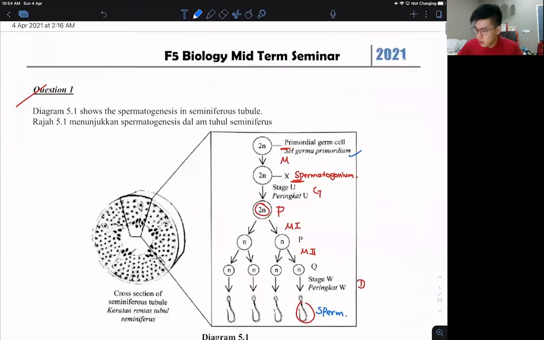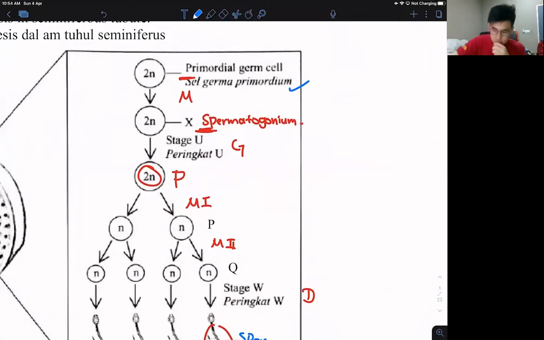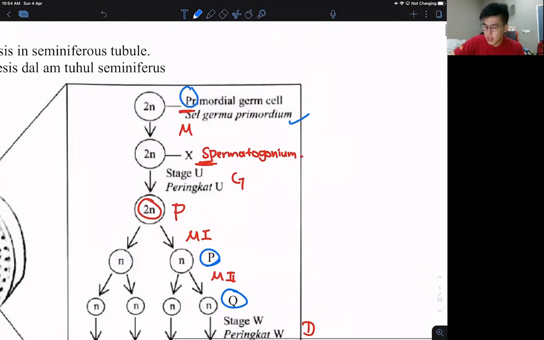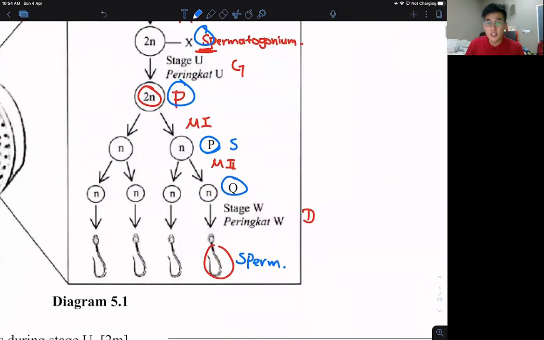Structure P and Q. I already labeled the process already, so there should be no problem here. P over here, Q. P is secondary spermatocyte, meiosis 2, and before I become sperm, Q is the spermatid.